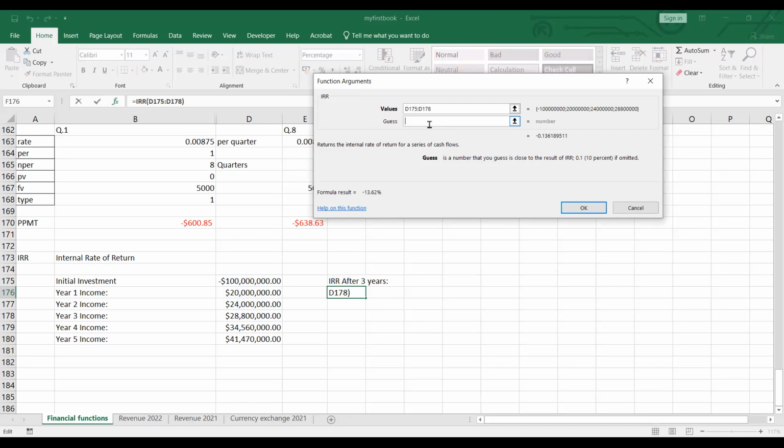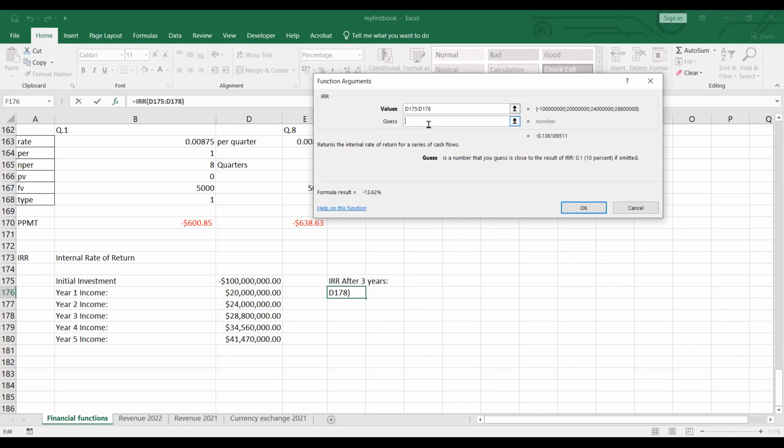In this one, because we don't know anything, we leave the guess value blank so that it will be omitted, and then Excel will calculate by guessing, starting from positive 10% first, and if 10% is not correct it reduces and increases until it gets the number that matches the IRR function's calculation. In this one it shows negative 13.6%.